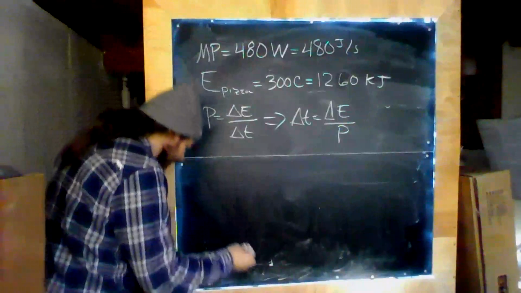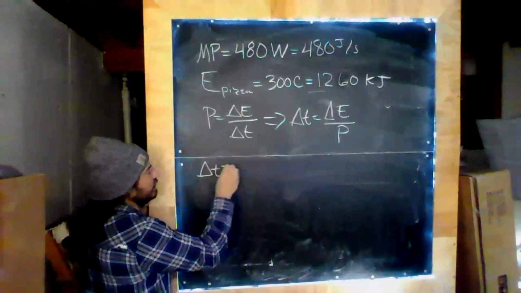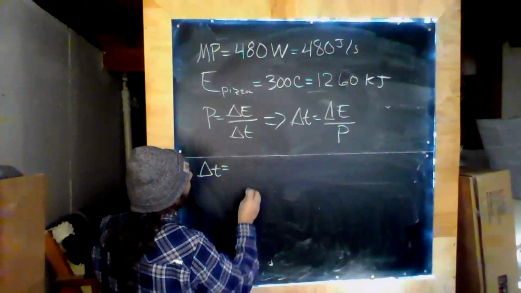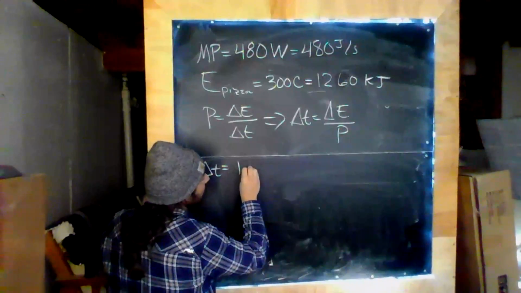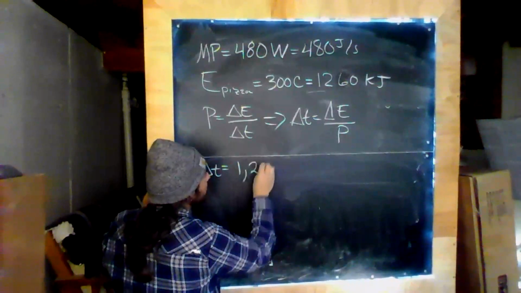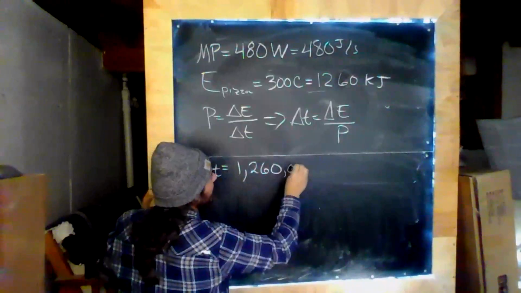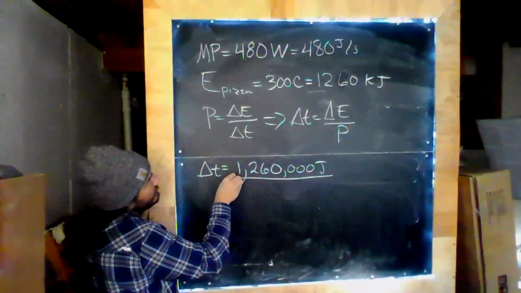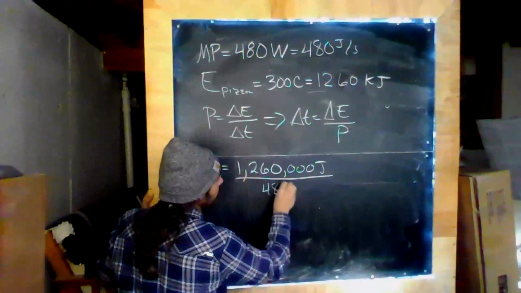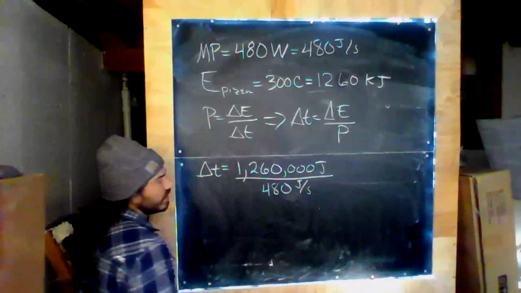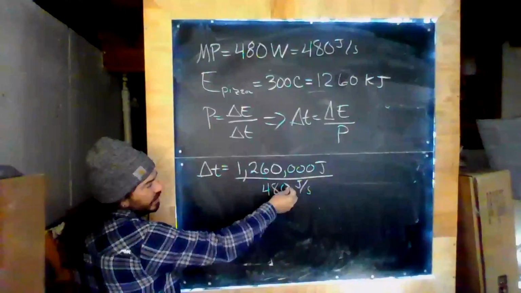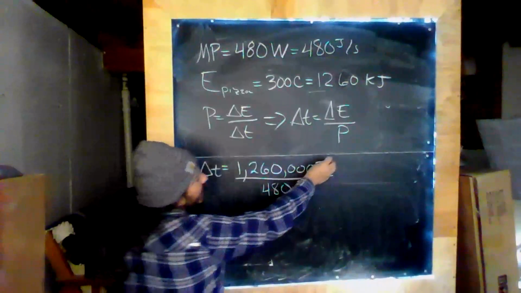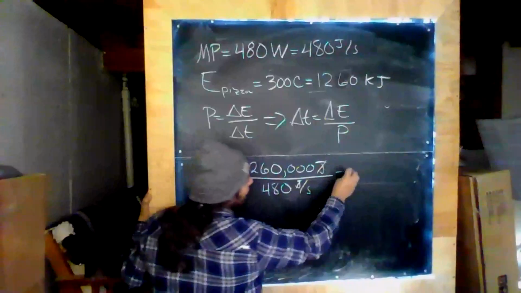And so, plugging in our numbers, we get delta T equals 1,260,000 joules divided by 480 joules per second, right? And so we see here, units-wise, I wrote this as a joule per second instead of a watt, so we could see that the joules cancel, and I'll end up with a unit of seconds.